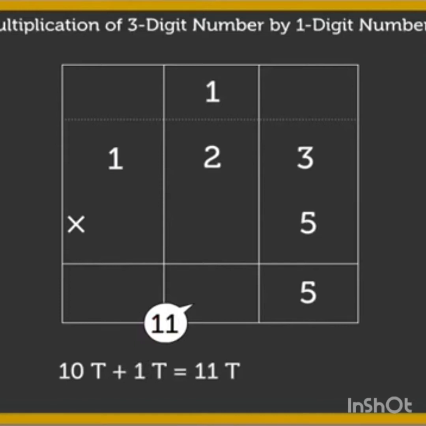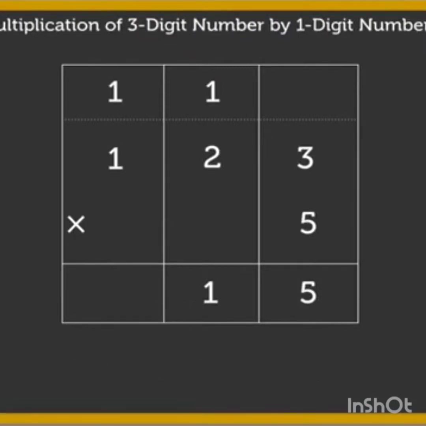So now we get 11 tens, which is further regrouped into 100 plus 10. So we write 1 at the tens column and we carry over 100 to the hundreds column. Then in the third step you have to multiply the digit at the hundreds column. Here 1 into 5.